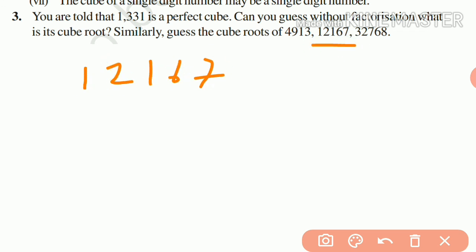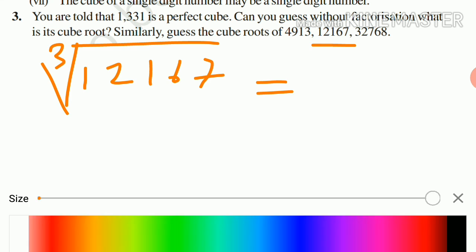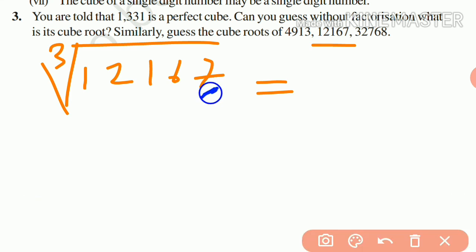12167. Find the cube root of this by the estimation method. Here the unit digit is 7, and we know that 7 corresponds to 3.